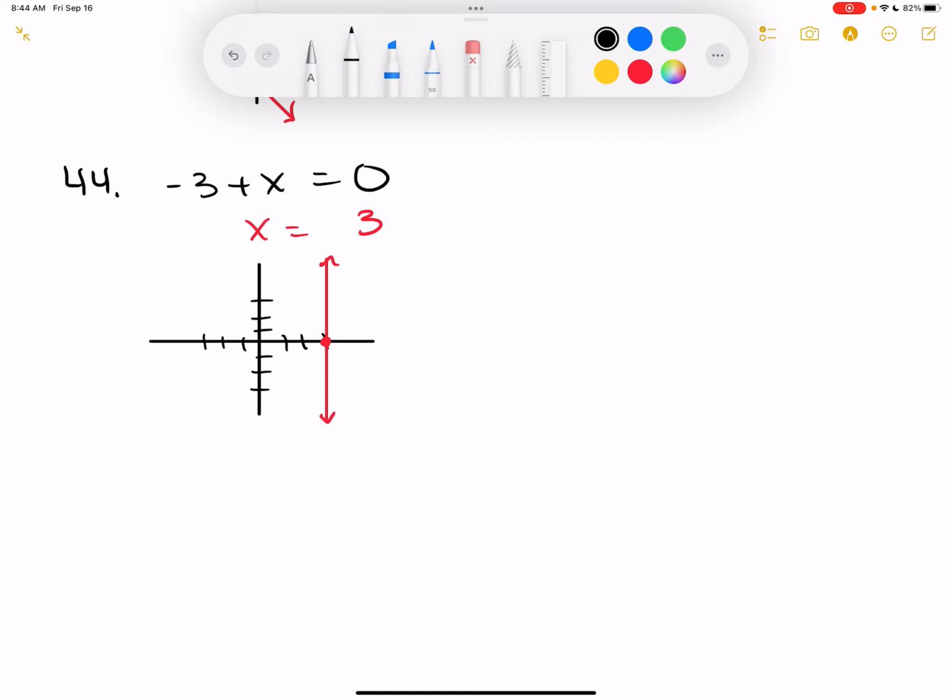Alright, and then one last one, 52. We've got 14 minus 3x equals 7y. So what method do y'all want to use for this one?